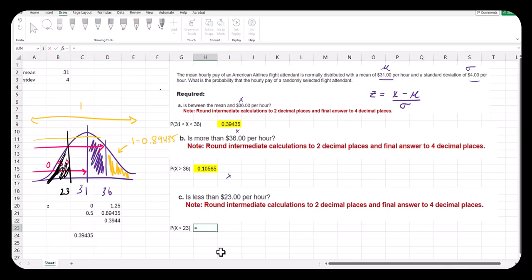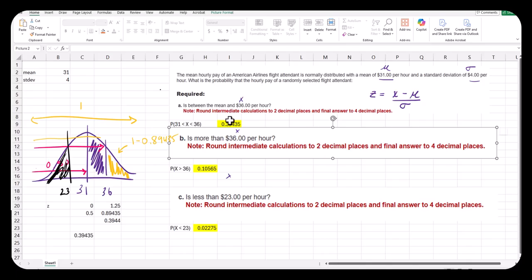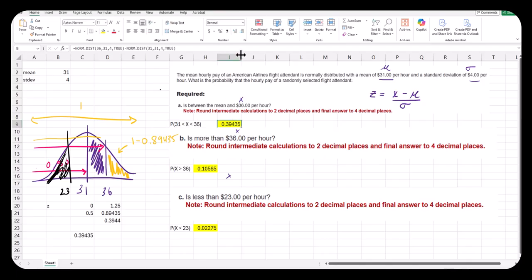Well, let's use that same formula. Equals norm.dist, my x 23, my mean never changes, my standard deviation never changes. And if I hit enter, I get my correct answer. And once again, remember that they want these in 4 decimal places. And there you go.